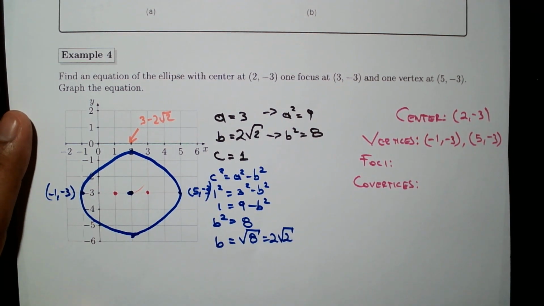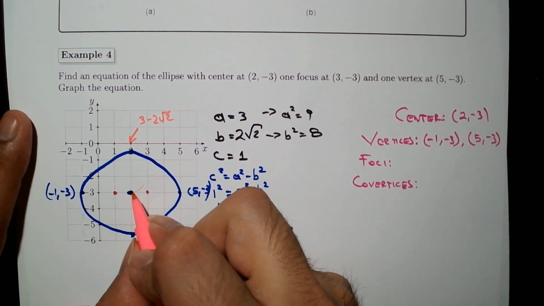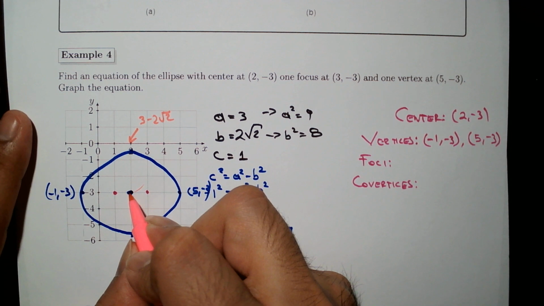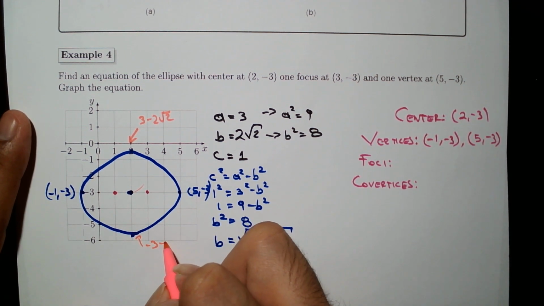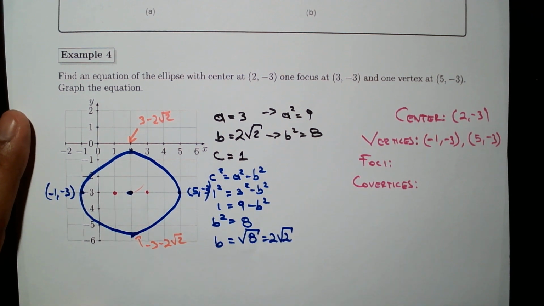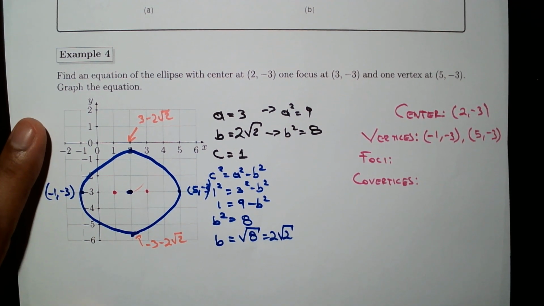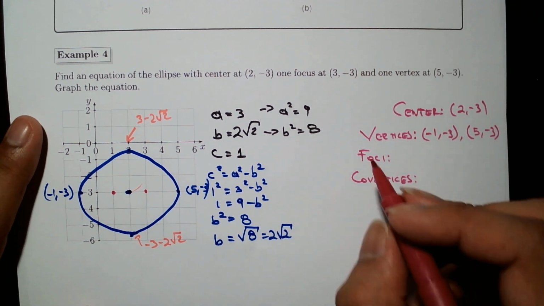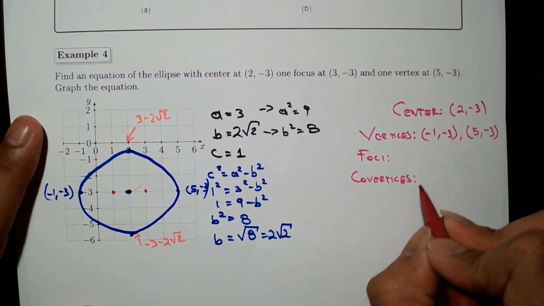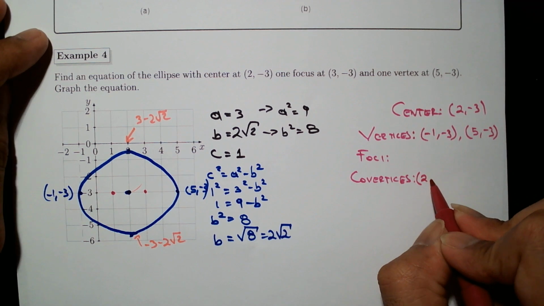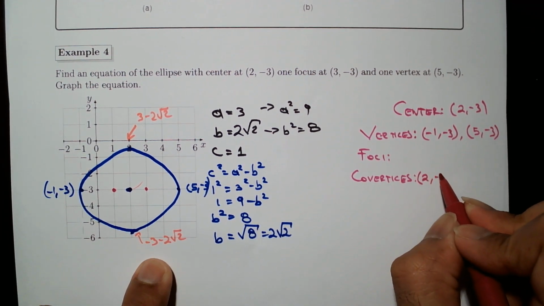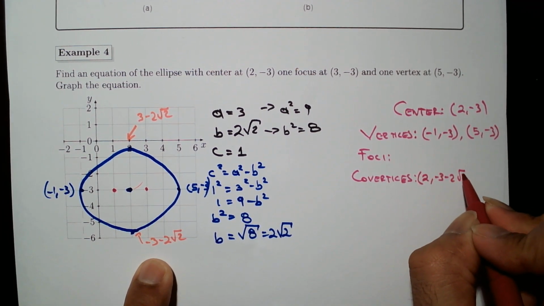The co-vertices. And -3 minus 2 root of 2. Really nasty numbers. Okay, why not? Let's state them. So first, co-vertices. That's one of them is 2 comma, -3 minus 2 root of 2.